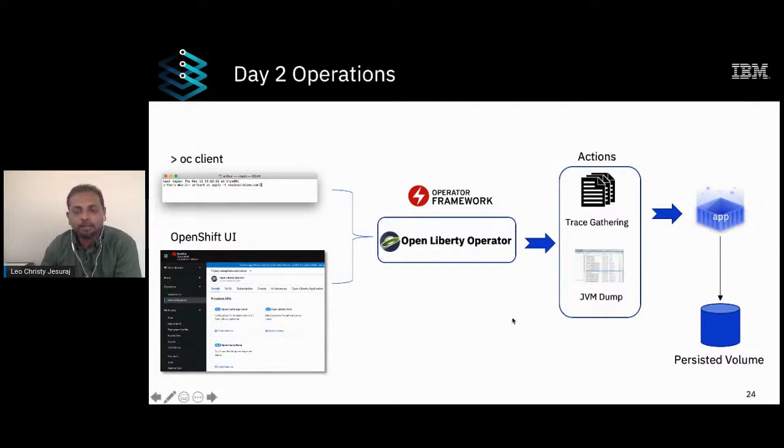But when it comes to a container that's running inside a pod and that's managed by a deployment, it's not so straightforward. So for that purpose, we have created two additional custom resources that are called OpenLibertyTrace and OpenLibertyDump that will help you to gather this information and store that into a persistent volume that you attach.